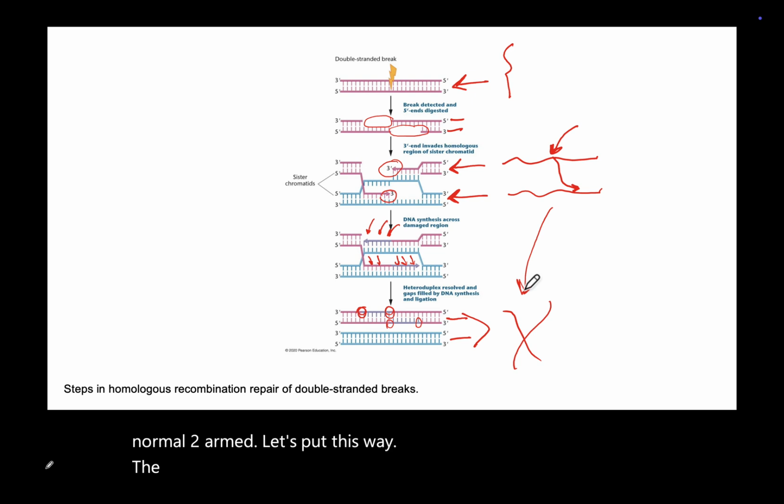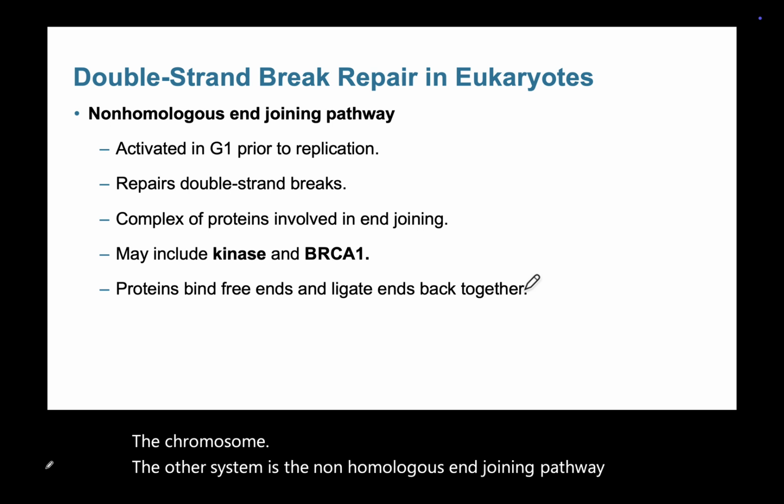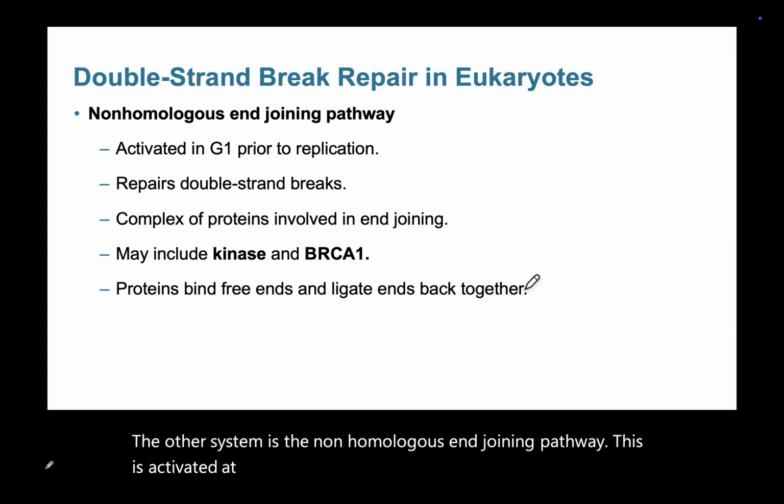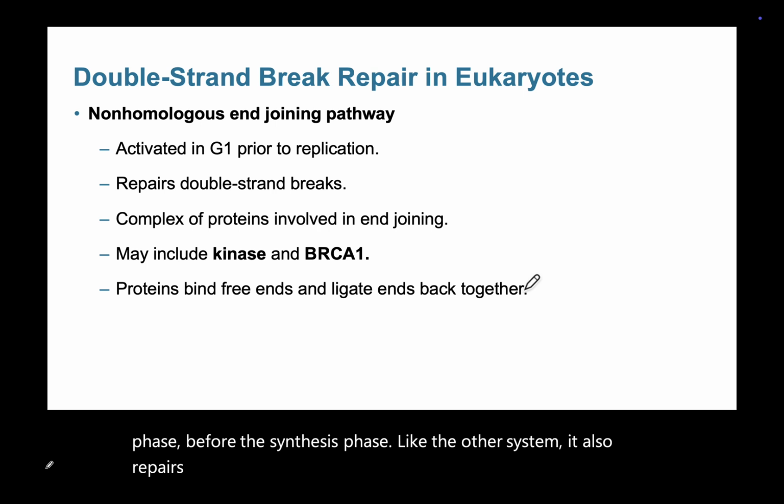The other system is the non-homologous end joining pathway. This is activated at the G1 phase before replication begins, before the S phase, before the synthesis phase. Like the other system, it also repairs the breaks that happen in the double strand of DNA.